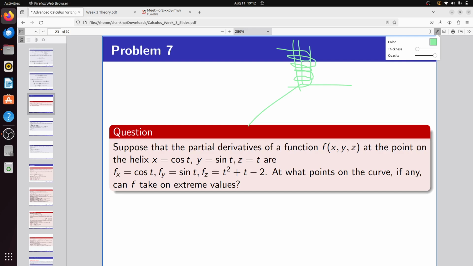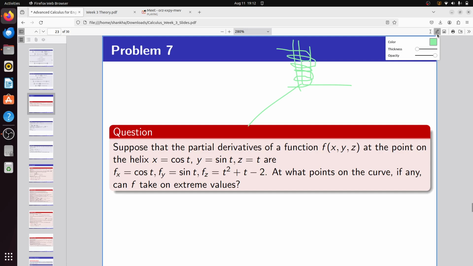Okay, so can you determine this problem? How to solve it? Is it clear?